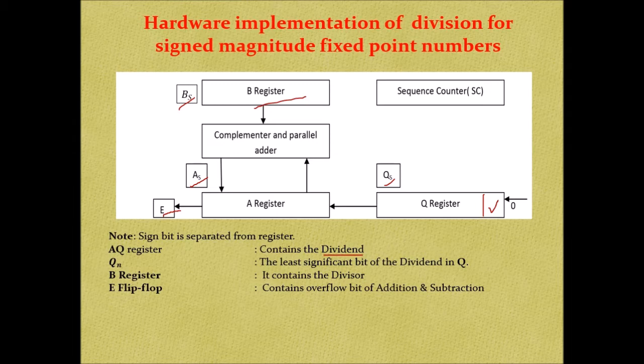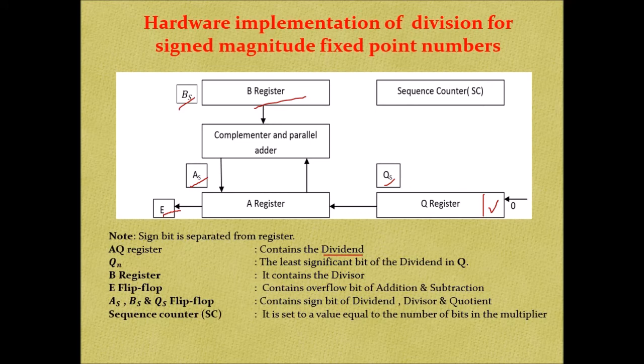This overflow will be indicated by the E flip-flop. After that, AS, BS, QS are the flip-flops we have already mentioned, and these are nothing but the sign bits of the dividend, divisor, and the quotient.